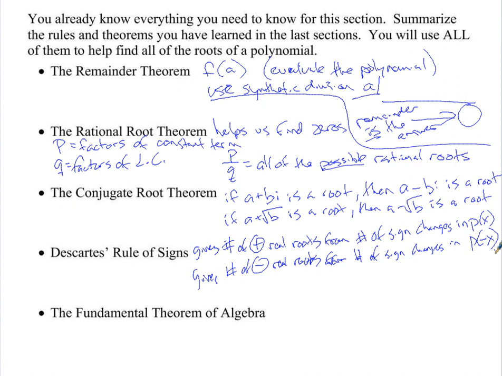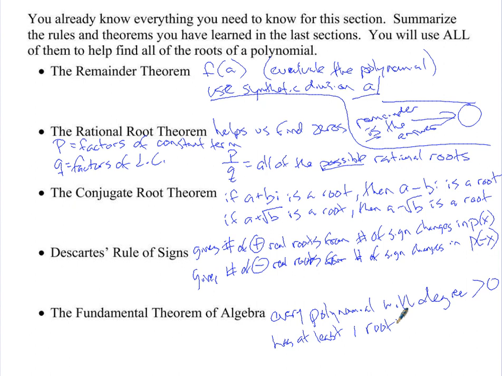It has two parts to it. The first one was what? Any polynomial of degree greater than 0 has at least one root, either real or imaginary.